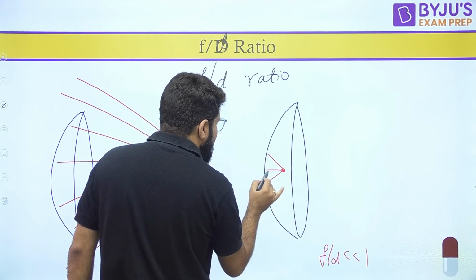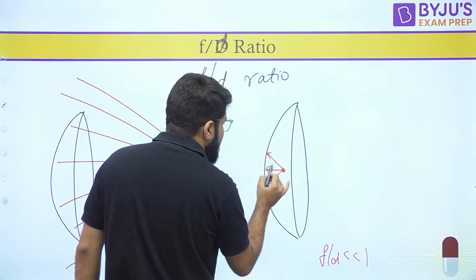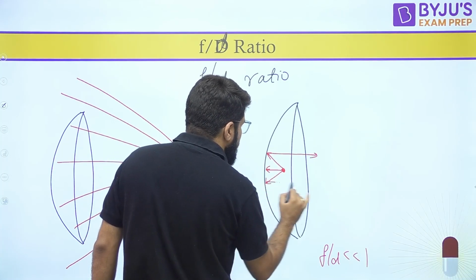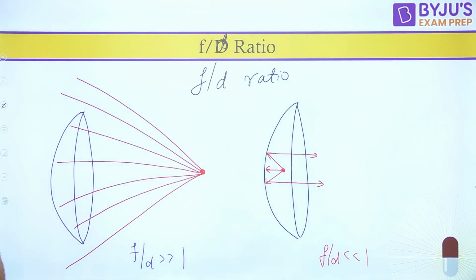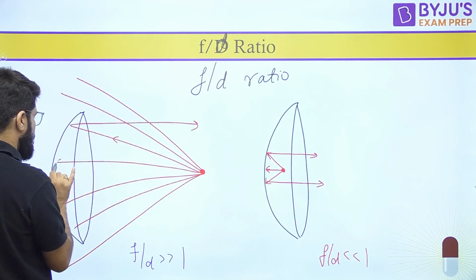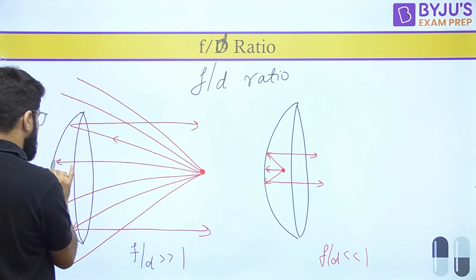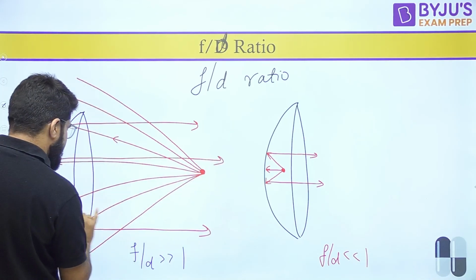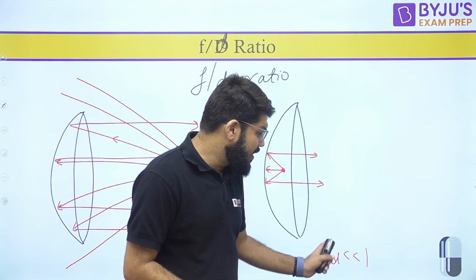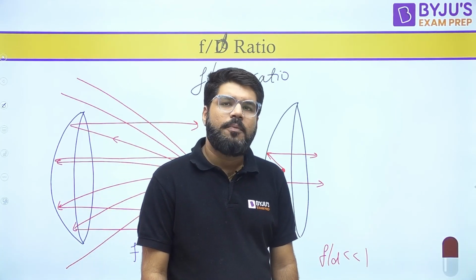The electromagnetic energy radiated by it is going to fall over only a very small portion of the reflector, isn't it, guys? So it cannot be very small. So what is that optimum value?